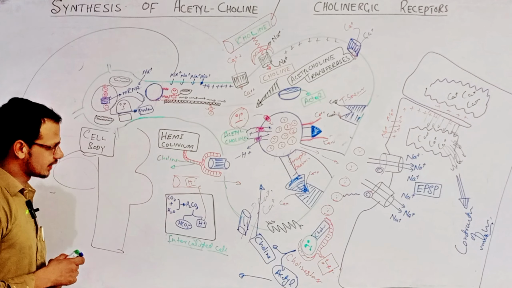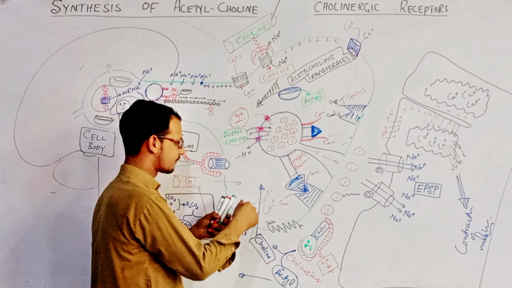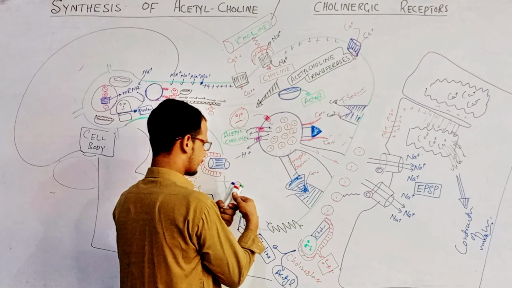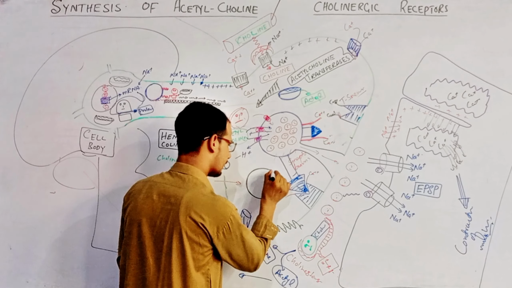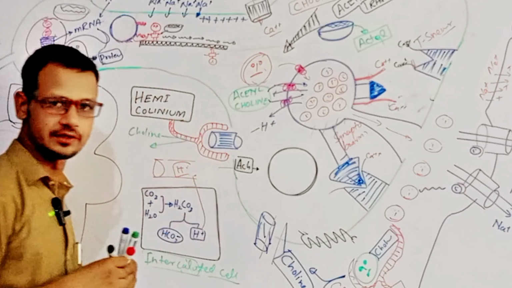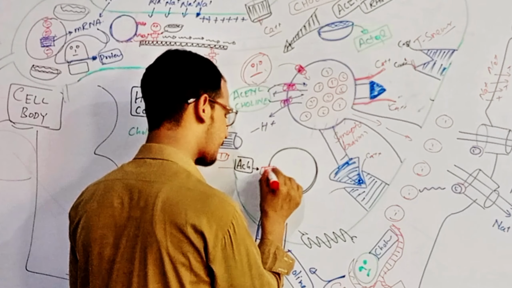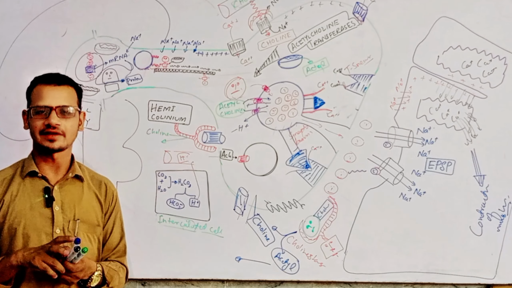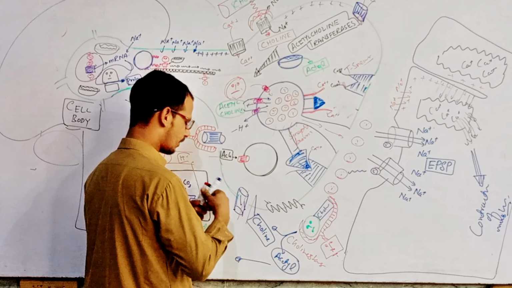The next drug is responsible for blocking the acetylcholine transporter. For example, I have this vesicle here. This is, for example, a vesicle for acetylcholine, and this acetylcholine is trying to go into this vesicle by which transporter? Acetylcholine transporter. We have another experimental drug which scientists are trying on animals, right, which is called vesamicol.